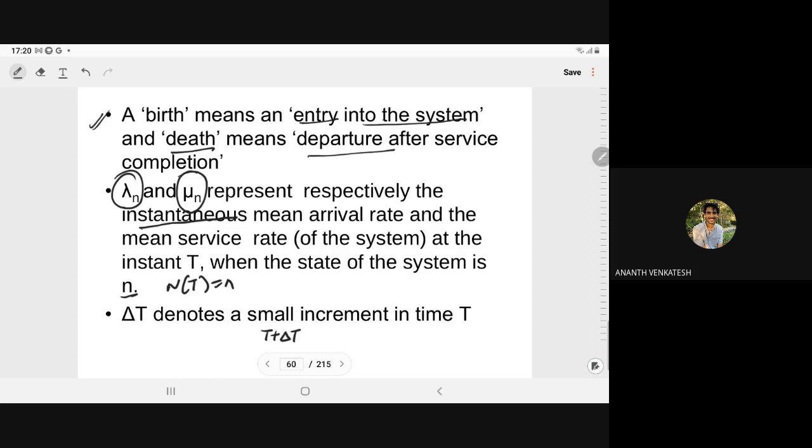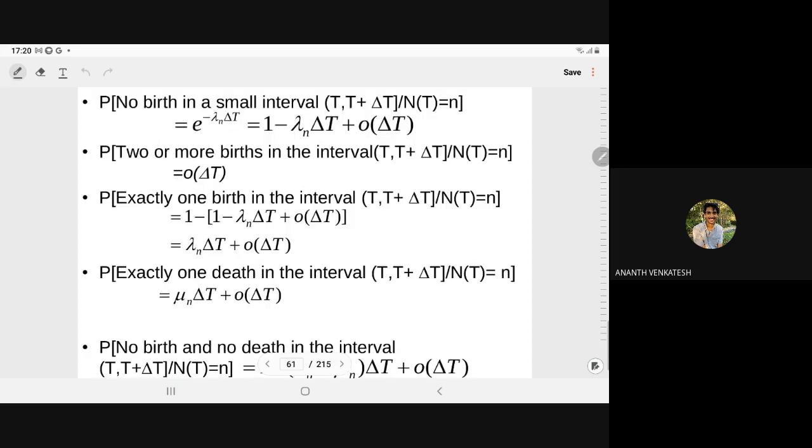Now we define a few probabilities. Probability of no birth in the small interval t to t plus delta t, given that N(t) is equal to n.